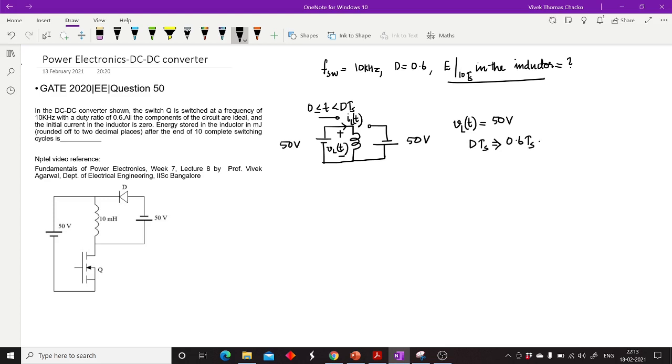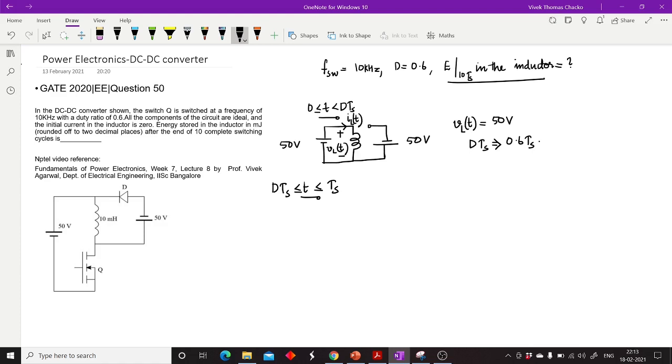Similarly, during the interval in which dTs is less than t less than or equal to Ts, the diode is conducting.